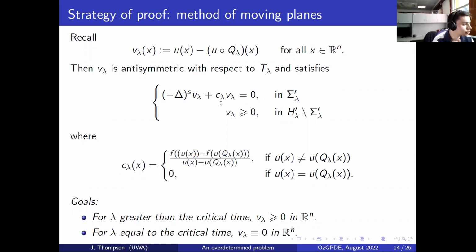So we first want to show that when lambda is greater than the critical time, v lambda is non-negative in R^n. And then we also want to show that when lambda is equal to the critical time, v lambda is equivalent to 0. So this means that u is an even function with respect to reflections across the critical plane, the plane at the critical time.